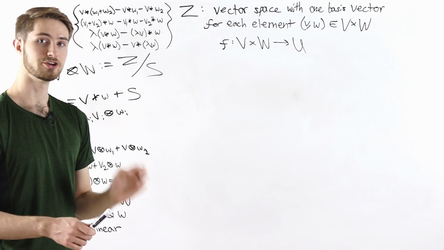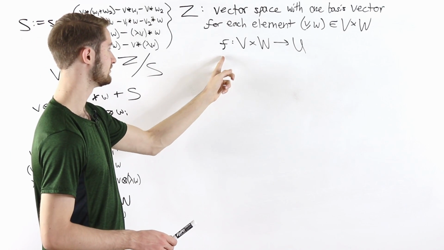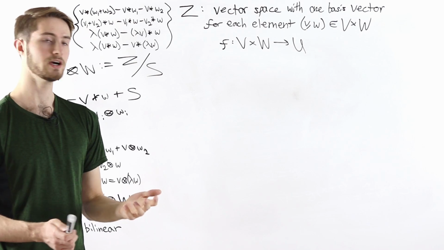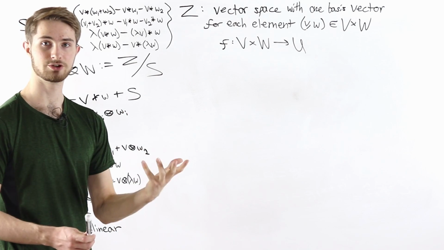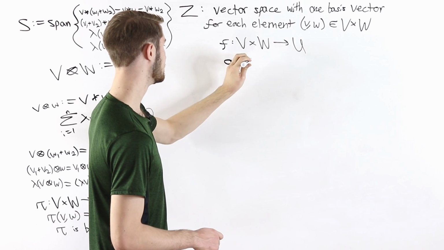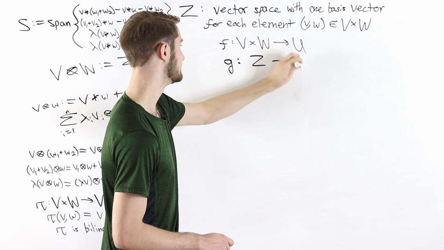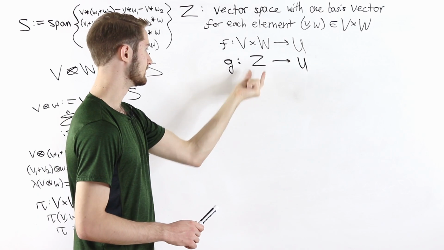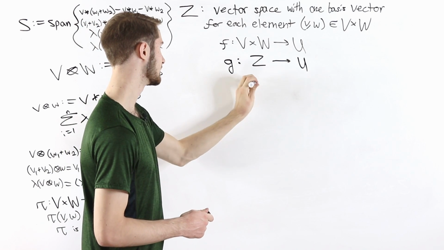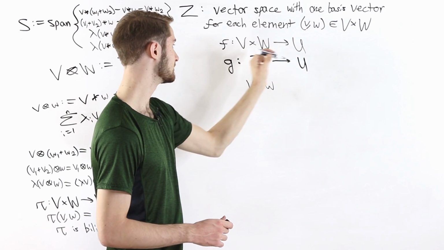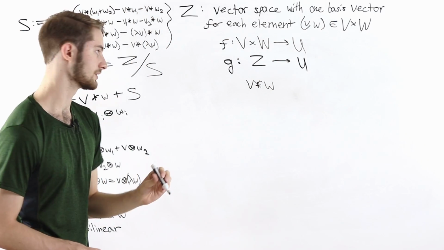So remember that we started out with a bilinear map f from V cross W to some vector space U. And we found out that if we want to get a map on the tensor product, our first objective should be to find a linear map g from the vector space Z into U. Now, the basis vectors of the vector space Z look like v star w for some pairs (v, w) in this Cartesian product.